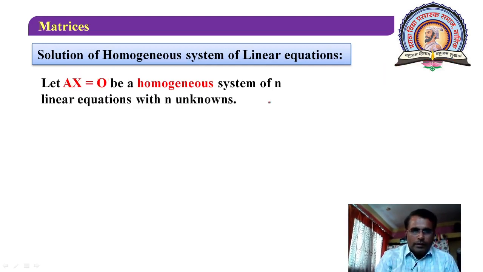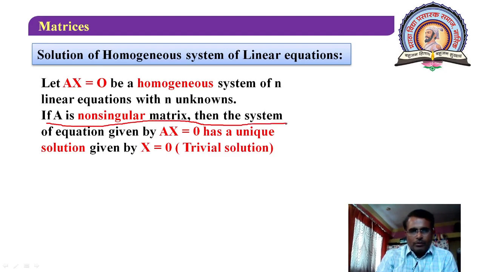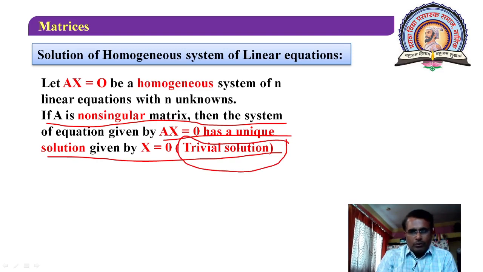Suppose we are considering here that A is a non-singular matrix. If A is a non-singular matrix, then the system of equations Ax equal to b has a unique solution. Likewise, Ax equal to 0 also has a unique solution if A is non-singular, and this solution is x equal to 0, which is always called the trivial solution.